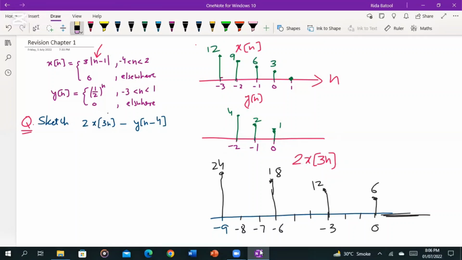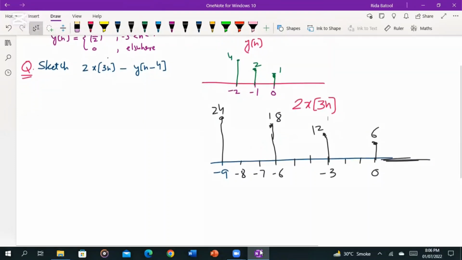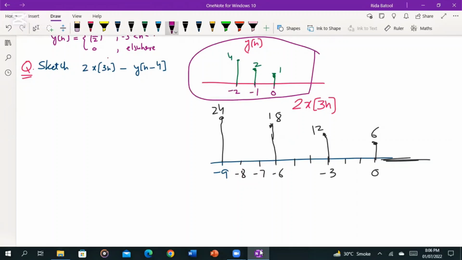Now let's sketch y of n minus 4. y of n minus 4 means you have to shift this y of n on the right side by 4 samples. You shift this towards the right side by 4 samples, then 0 will go to 4.